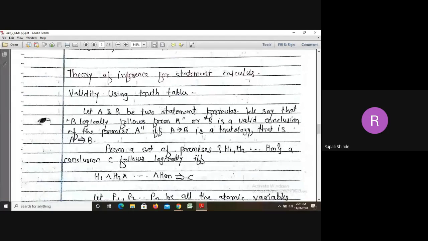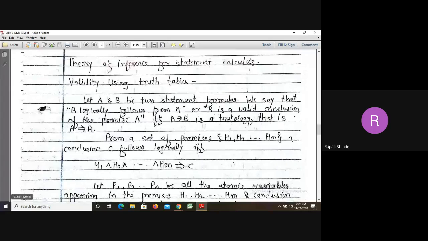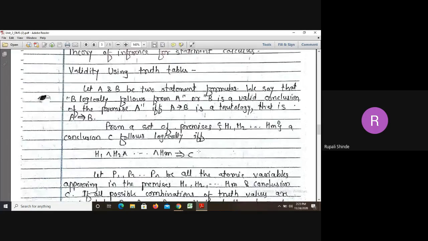If A conditional B is a tautology, then we can say that B is a valid conclusion for the given premise A. From a set of premises H1, H2, up to Hm, a conclusion C follows logically if and only if H1 and H2 and so on up to Hm implies C.